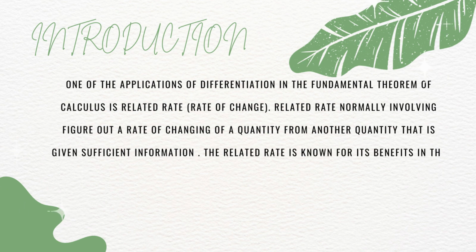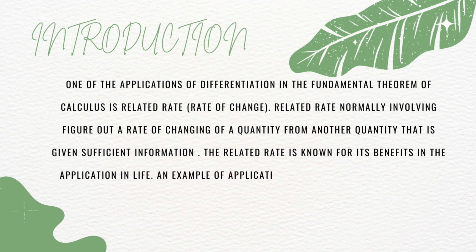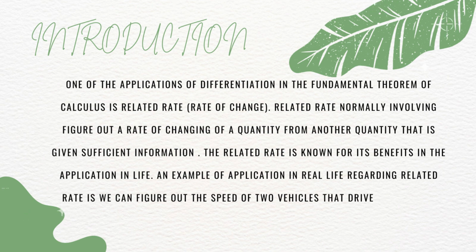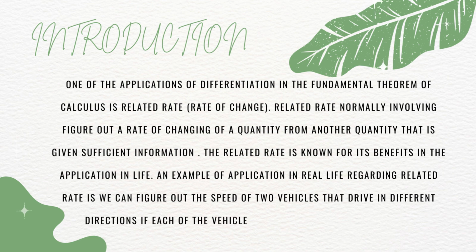Related rate is known for its benefits in real life. An example is that we can figure out the speed of two vehicles that drive in different directions if each vehicle's speed in its direction is known.